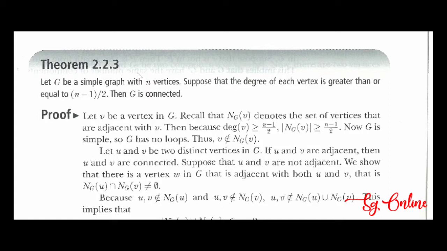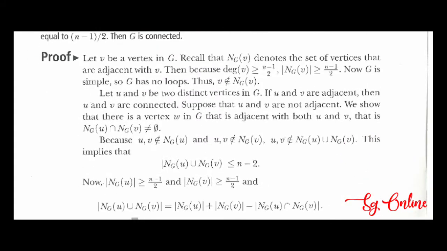And since the graph is simple, it has no loops, and so the vertex v does not belong to its neighbor set. Now suppose you are considering two distinct vertices u and v, and we want to show that either u and v are adjacent or u and v are adjacent to a common vertex, and then there is a path from u to v and the whole graph becomes connected.